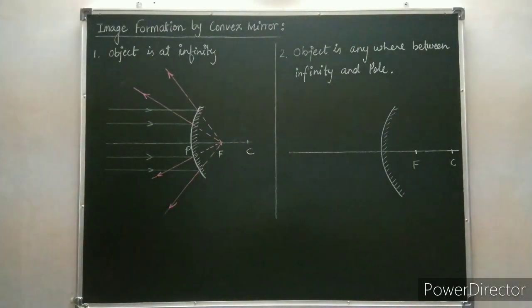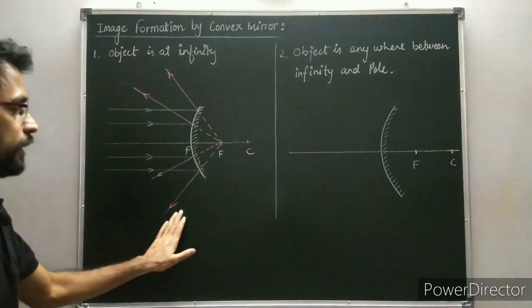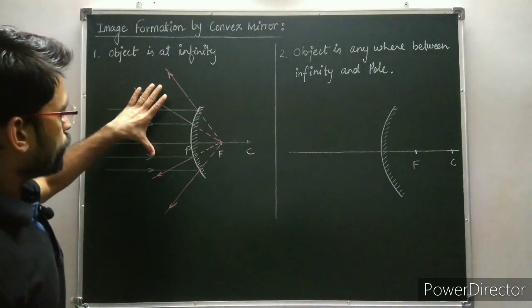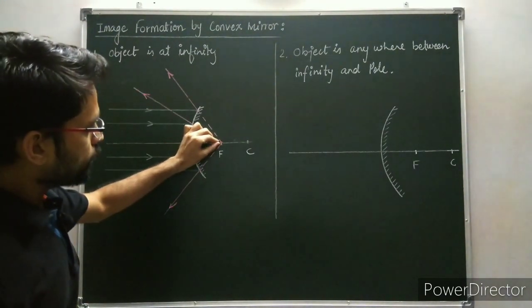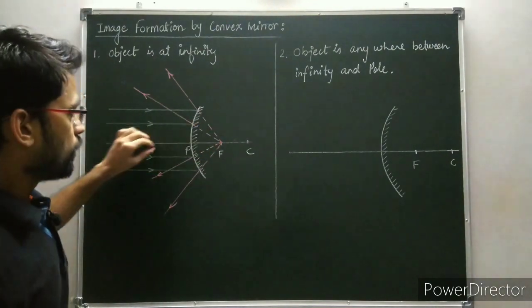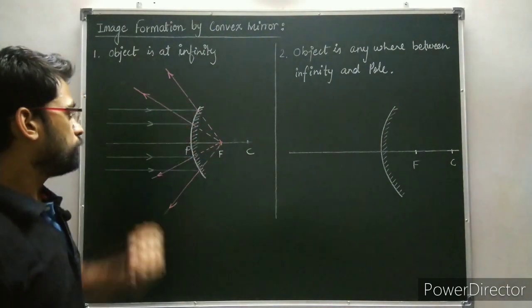So these are the reflected rays which appear to come from focus after reflection from the reflecting surface.